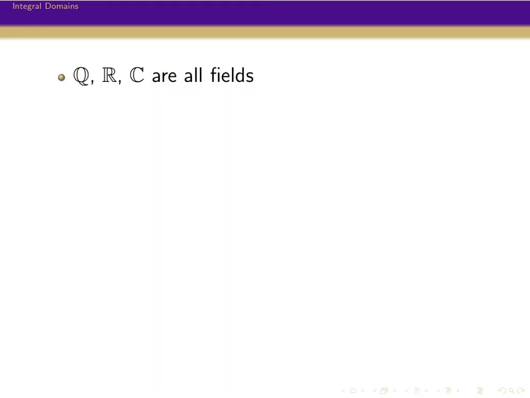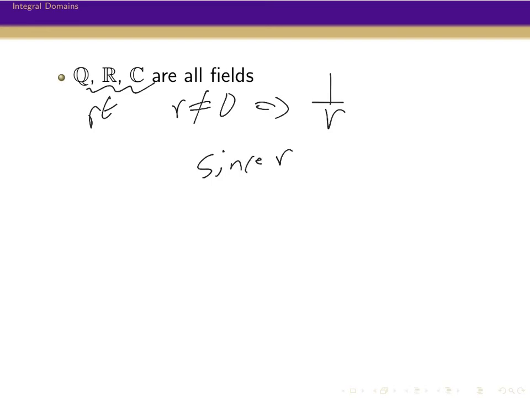And so rational numbers, real numbers, complex numbers, these are all examples of fields. If you take anything that's non-zero in any one of these, any R that is not equal to 0, then you can talk about 1 over R. And so since R times 1 over R is going to equal 1, this says that R is a unit.